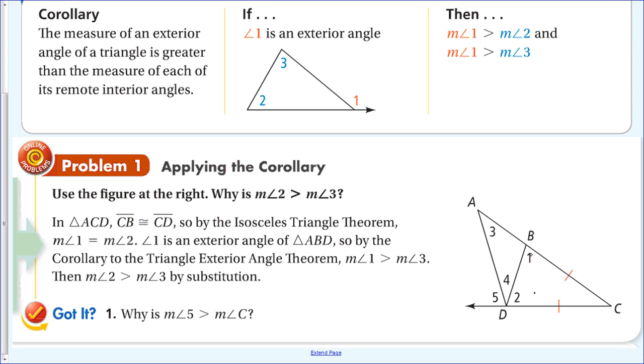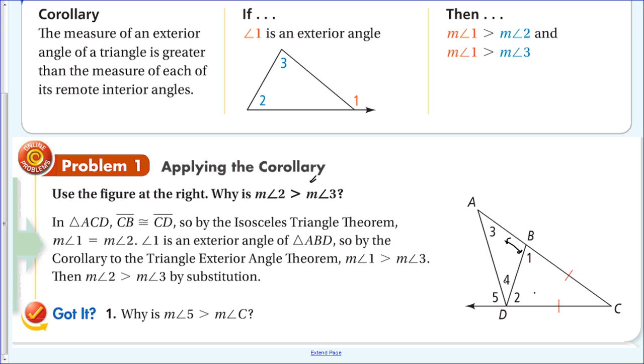Now, since angle 1 is an exterior angle of triangle ABD, angle 1 will have to be larger than 3. We're trying to figure out why 2 is greater than 3. Since 1 is an exterior angle, we know it has to be greater than angle 3 because 3 and 4 are the remote interior angles to 1. So 1 is larger than both of these angles.